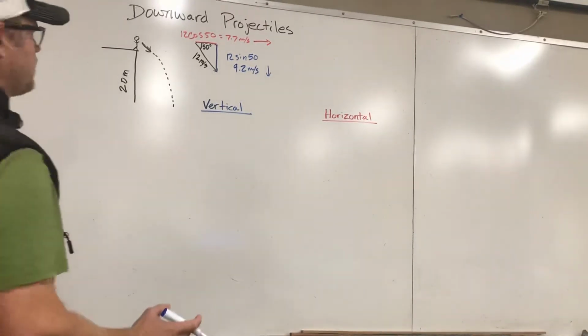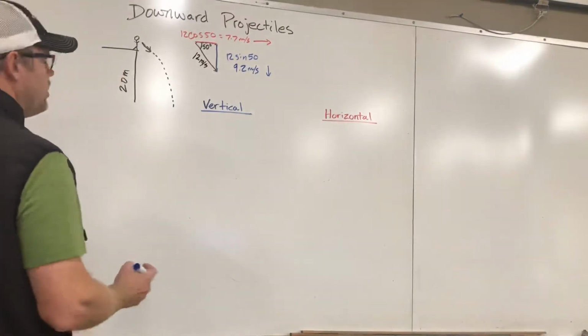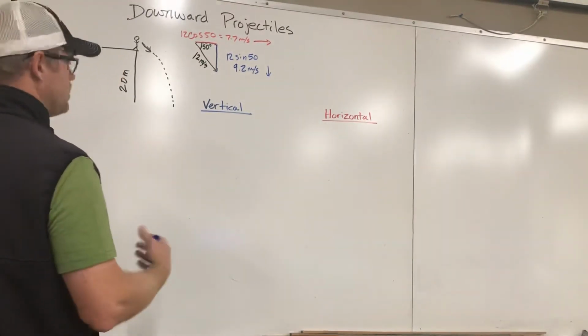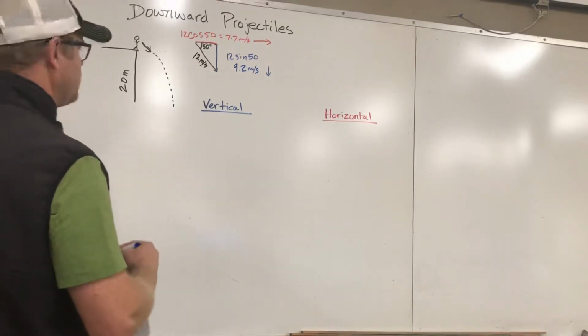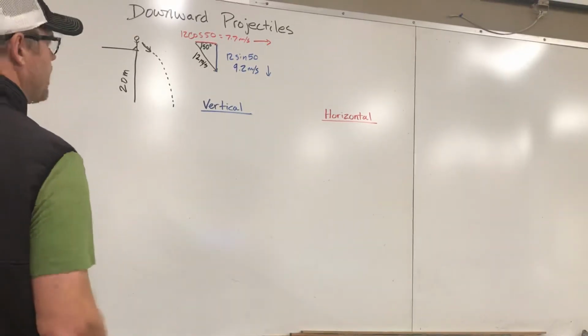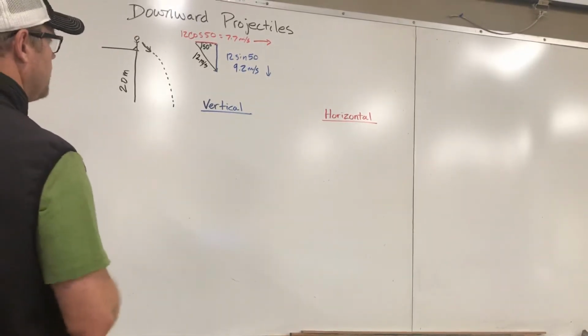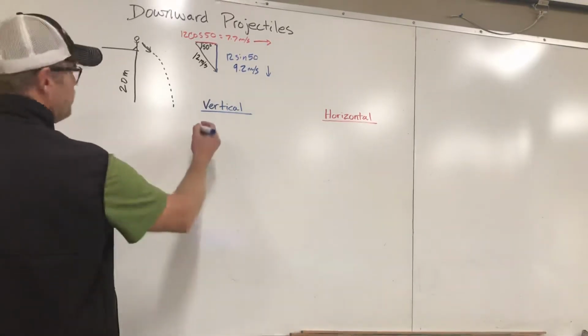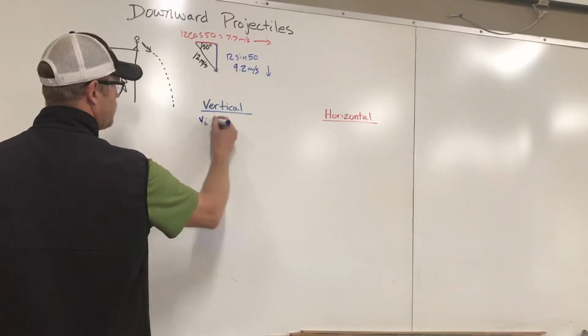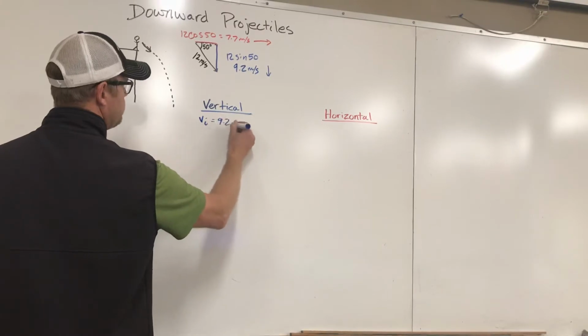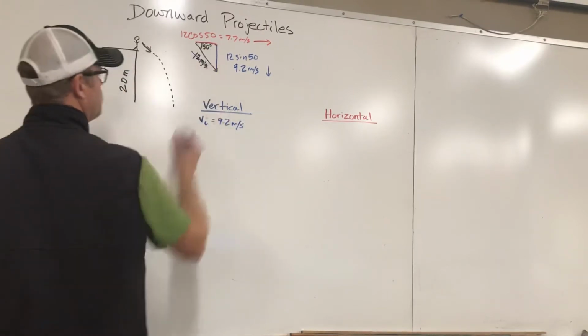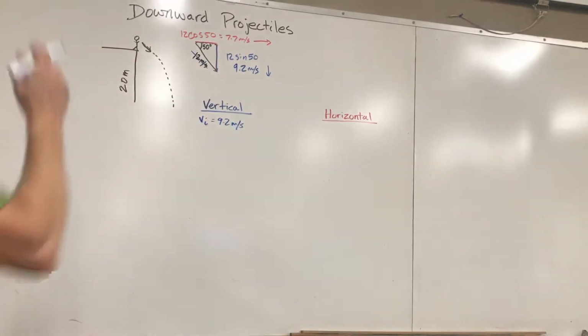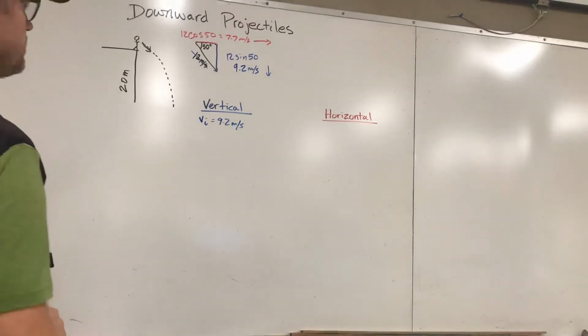Now remember, we've talked about a lot of different ways to set this up with negatives and positives. You just have to be consistent. We're going to go back to comparing this to some of the previous problems we've done, and I'm just going to list out the things that I know. I know my initial velocity, vertical, is 9.2 meters per second. I'm basically going to ignore that right now because it doesn't matter in my analysis.